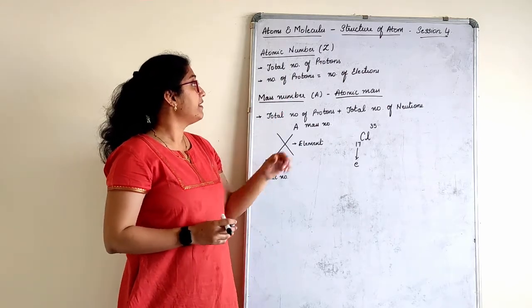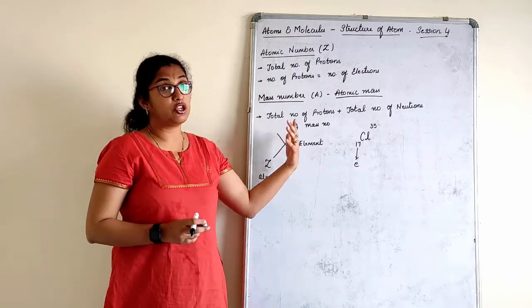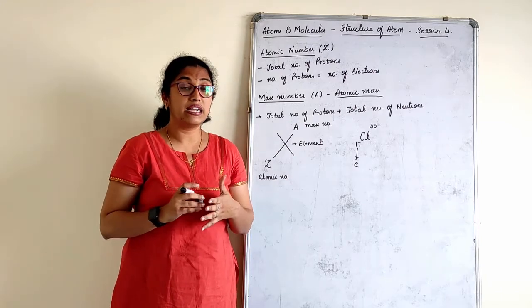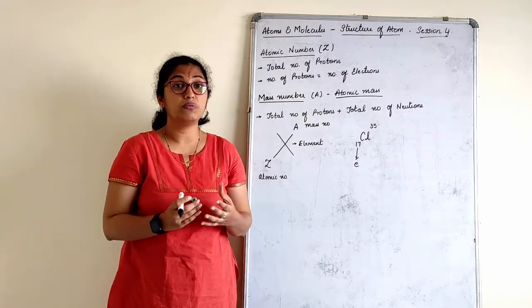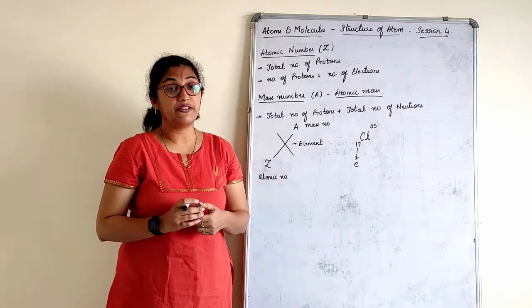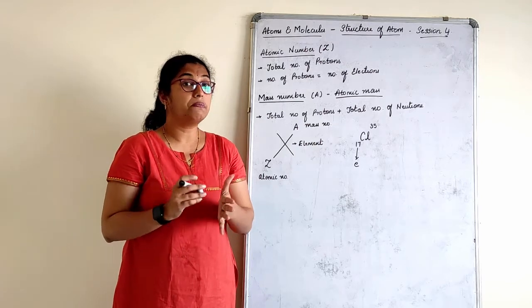If you have understood atomic mass and atomic number, we will next move on to understand how electrons are distributed in the shells, as given by Niels Bohr, which is known as the Bohr-Bury scheme.